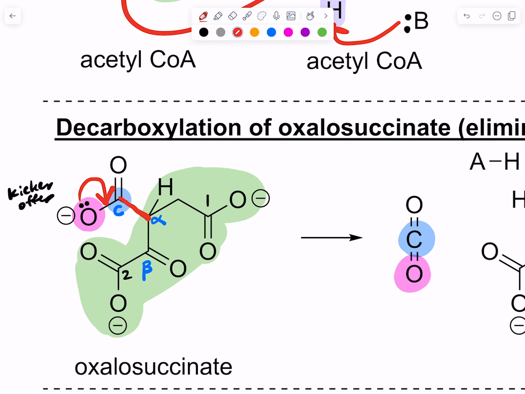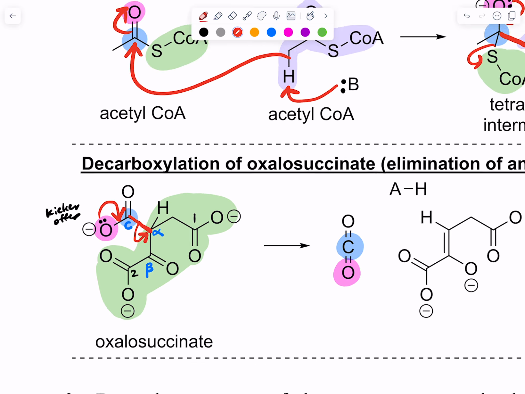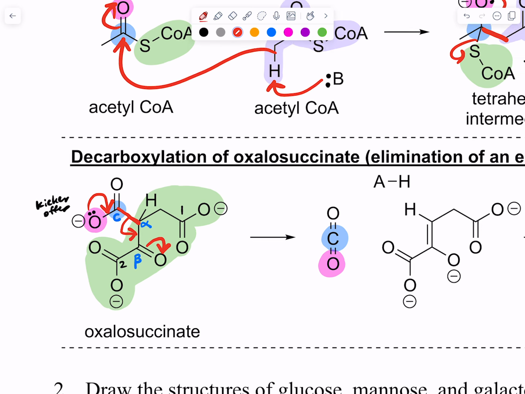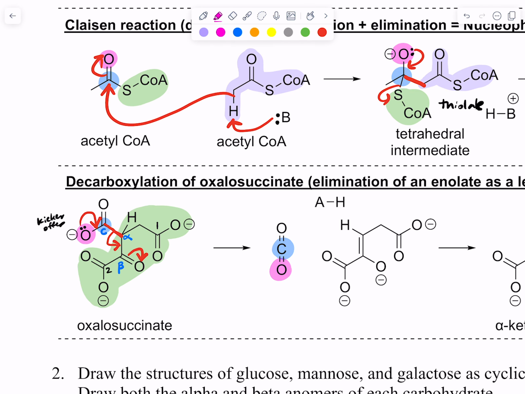And then I have to move the electrons out onto the alpha carbon. Or, alternatively, if I want to generate the other resonance structure of the enolate, I can do this. Okay? Turns out that's what we did to get this structure.